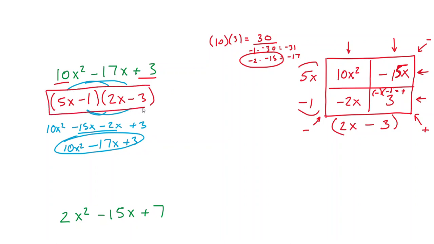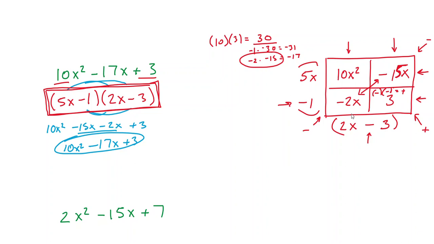But notice that we had to break one of the rules that we had established, where if they don't both have a negative, then we bring down a plus here. And the only time we break that rule is if both of these are negative, then both factors are going to have a negative in them.